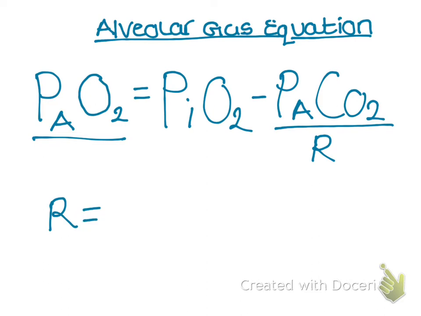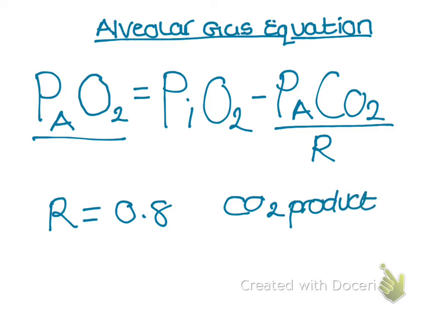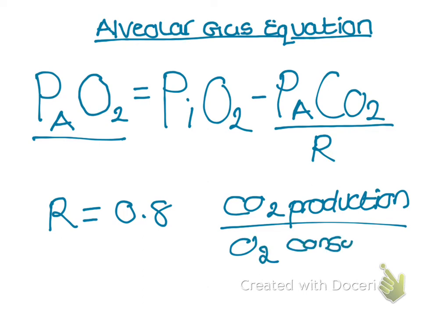Normally it's about 0.8, and to calculate R, the respiratory quotient, you do carbon dioxide production divided by oxygen consumption. You will learn as you do further reading that the 0.8 range varies according to your diet.